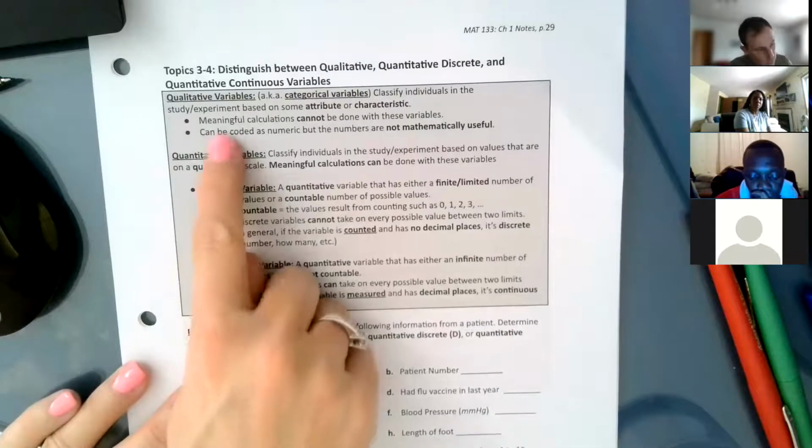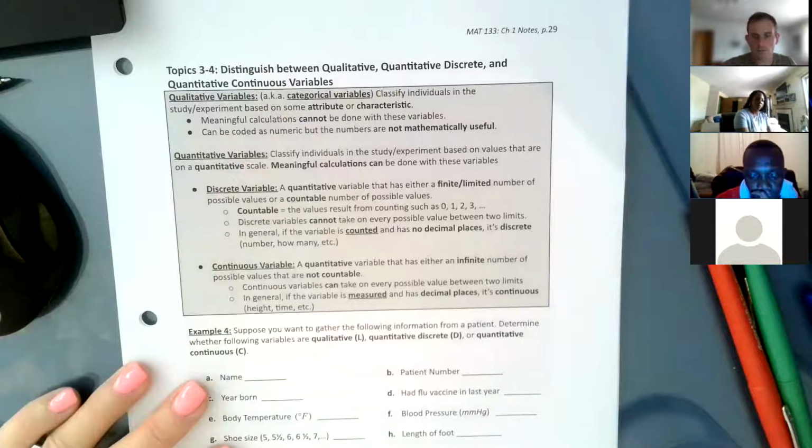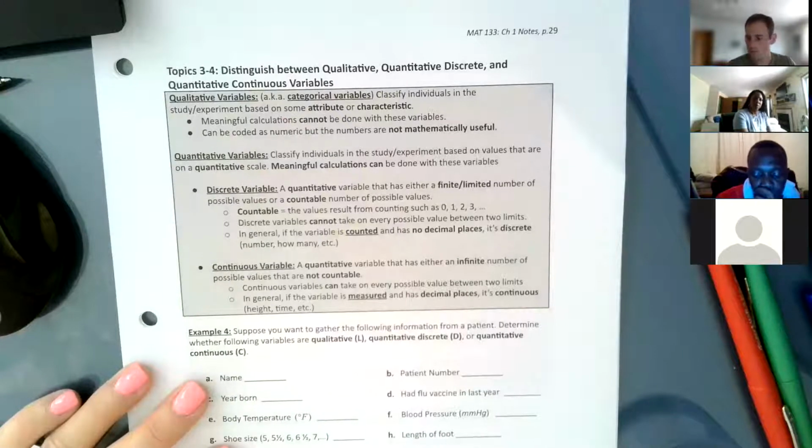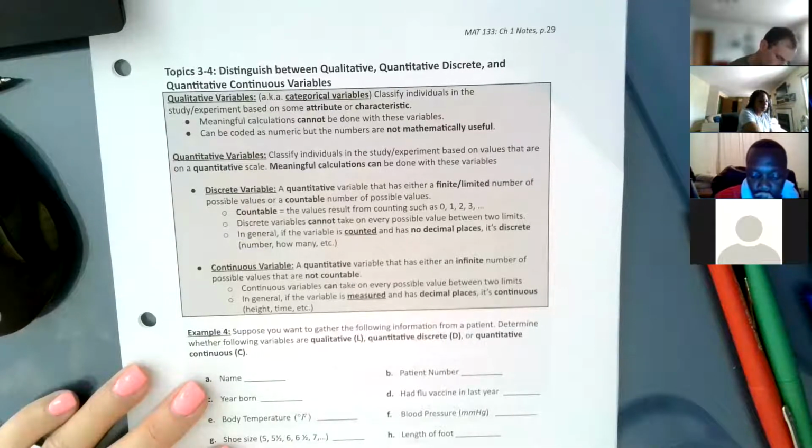A qualitative data variable is something that's categorical. So I might ask you, what is your blood type or what is your eye color? Those are categories. You're going to tell me it's brown or blue, and I can't do any averaging with brown or blue. But I could say what percentage of the class has blue eyes, or what proportion of the class has brown eyes.